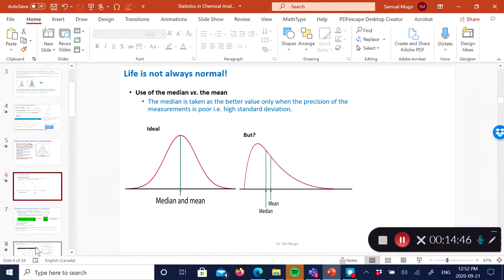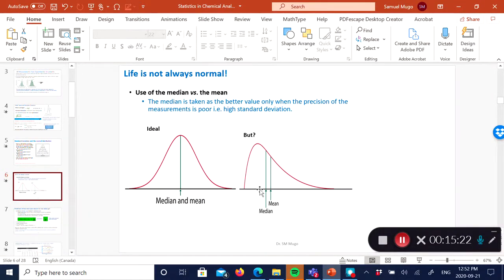Now remember, life is not always normal. In fact, in most cases, it's not. You would expect in some cases for the mean to be equal to the median. Now, that is only true if you're dealing with normal distribution type of data. But in reality, like I said, you don't repeat the measurements too many times because of the constraints of time, of money, and so forth.